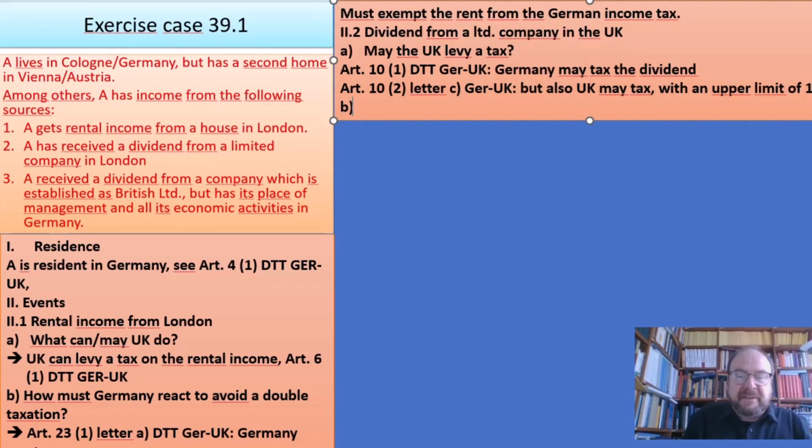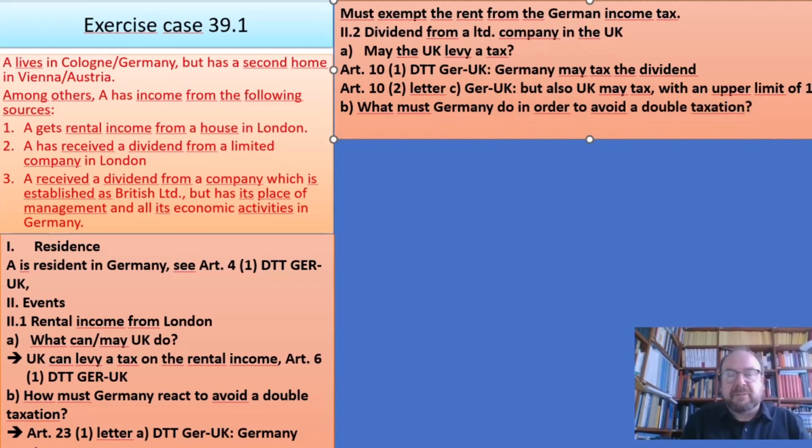Now we need the reaction which Germany needs to take, because GB can take a tax. So what must Germany do in order to avoid double taxation?